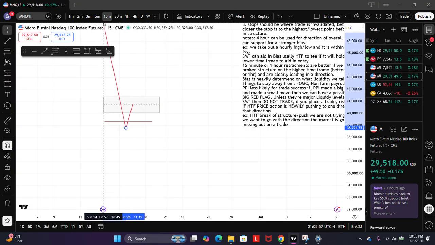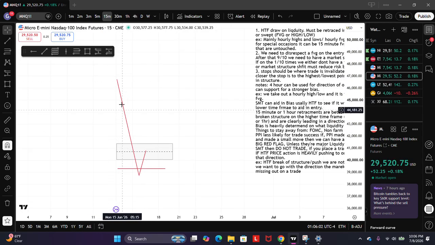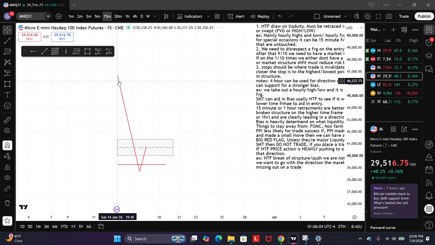If we've been going this far, we're not going down, up, down, up, down, up. If we're going straight down strongly, and this is the first retracement up, we're not just going to go in a V shape. It's more likely we're going to go down, come up a little bit, and then come down.